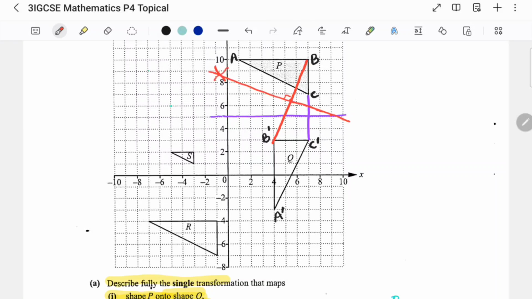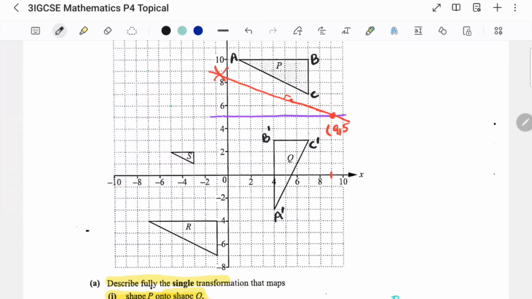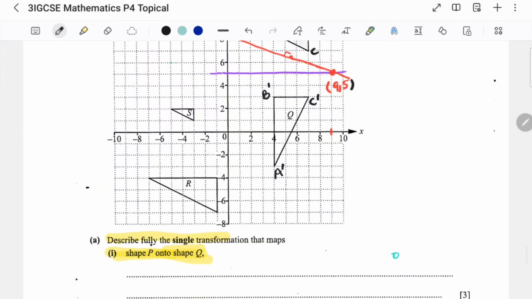Alright, so I made the perpendicular bisector and I can see the point of intersection of these 2 lines. Okay, so I'm removing the lines which I joined, B to B prime and C to C prime. So the 2 lines are meeting at (9, 5), which is the coordinate of the center of rotation.